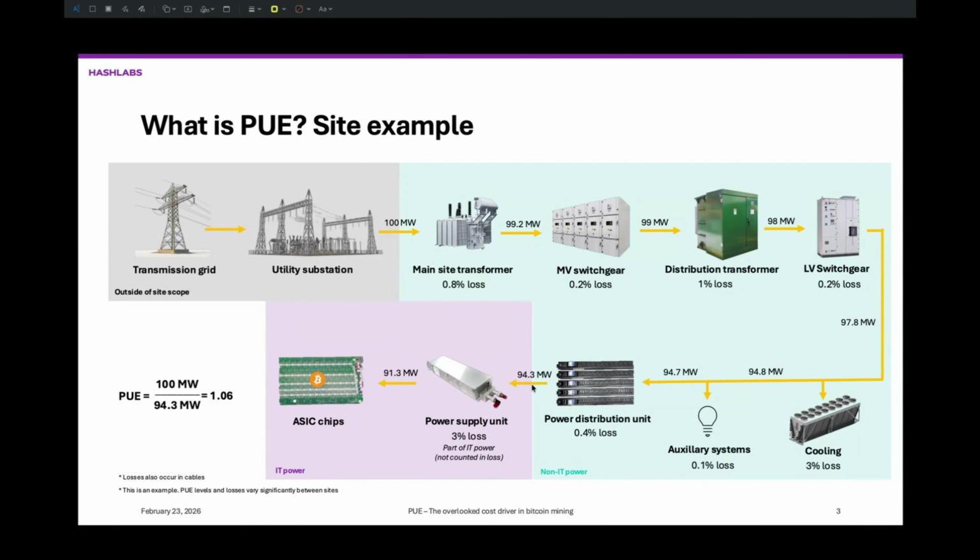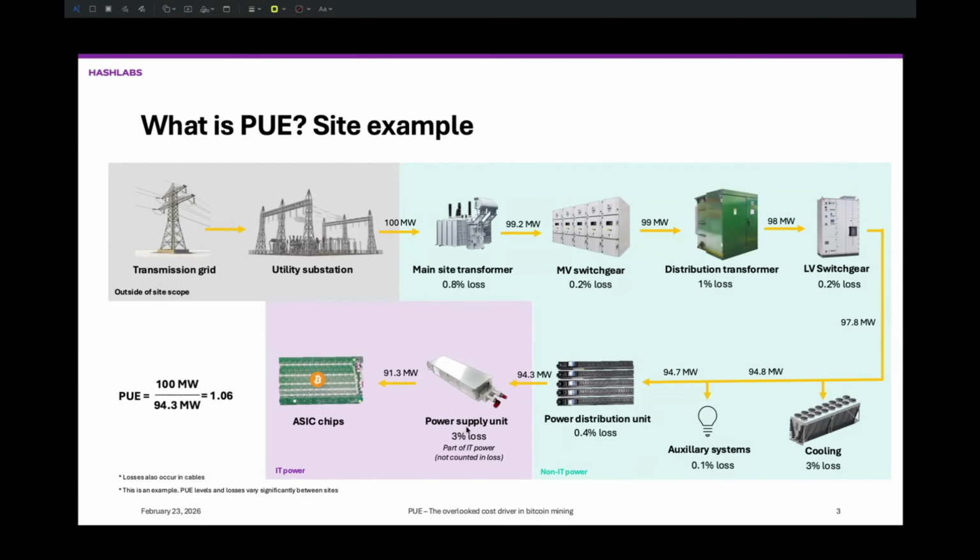So power usage effectiveness is calculated with that 94.3 megawatt in our example that is going into the miner's power supply unit. So everything from my power that is coming into that power supply unit, that's the IT load in our example.